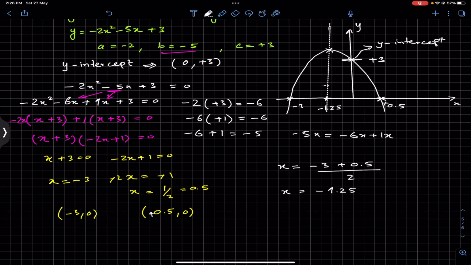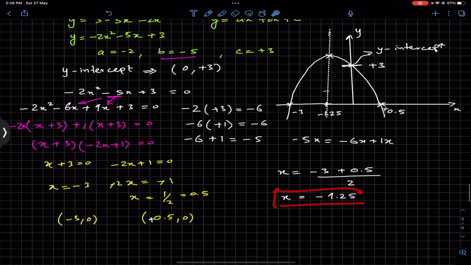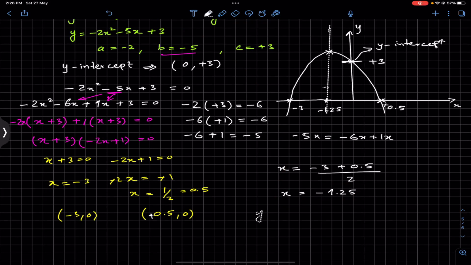And now if I substitute this x value in the given equation, we will get the y value. So that y value will be y equals minus 2 times minus 1.25 squared, minus 5 times x, which is again minus 1.25, plus 3.